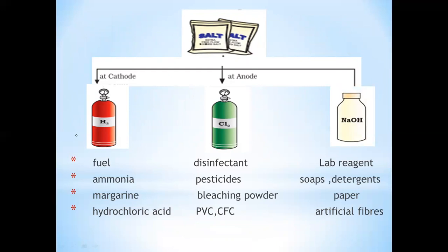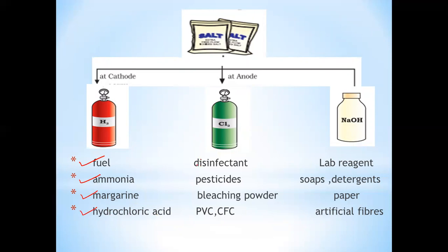Hydrogen is used as fuel. It is used in manufacture of ammonia, which is further used in the preparation of urea and ammonium sulfate. It is used in hydrogenation of vegetable oil to solid fat, that is margarine. With Cl2, it forms hydrochloric acid.